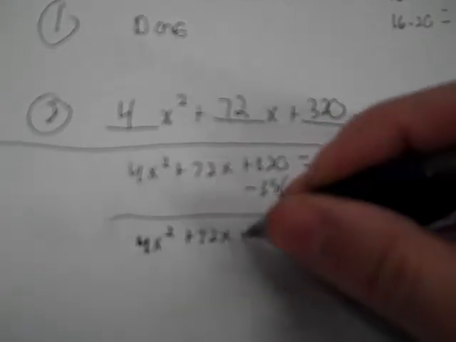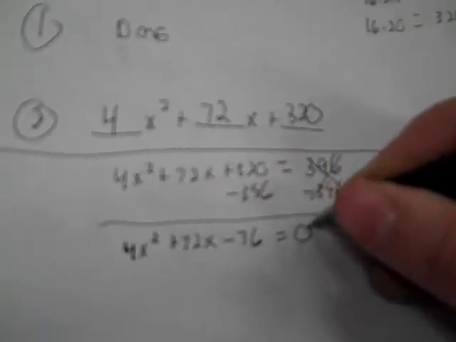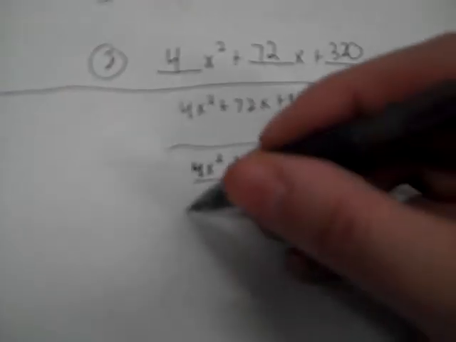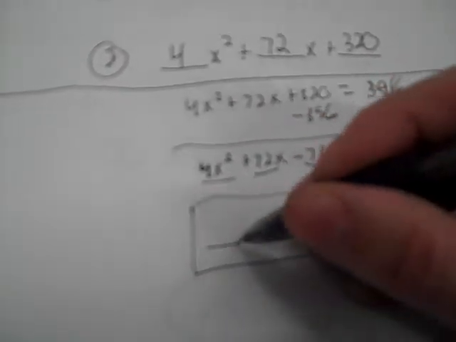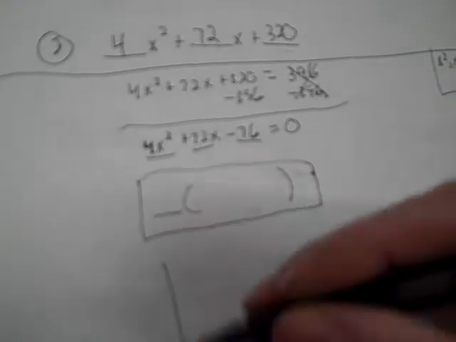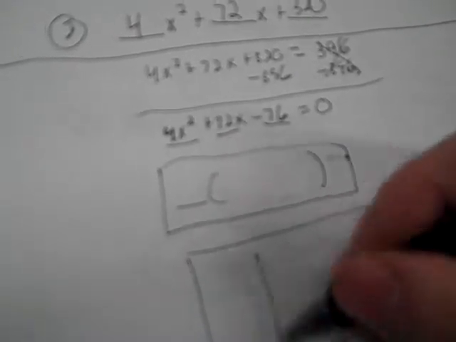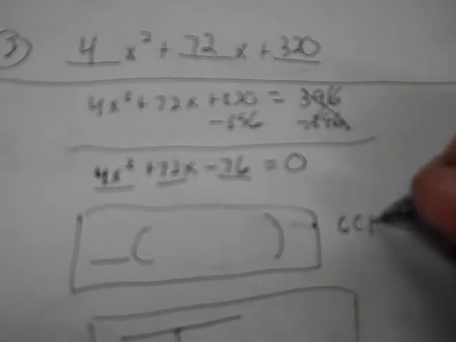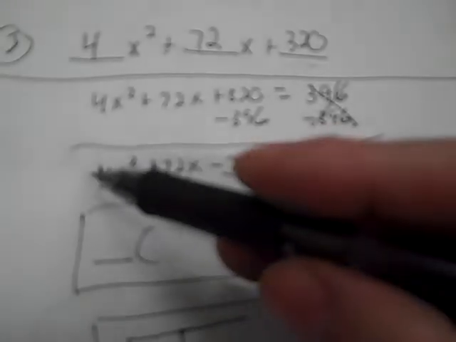And then 320 minus 396 is negative 76, so I put minus 76 equals 0. And now I have my three terms, okay? GCF and my T-chart. Okay, so the GCF, I do not have a negative in front.